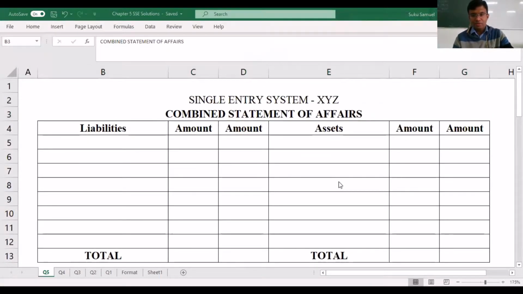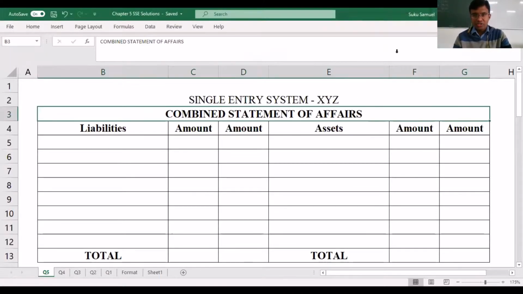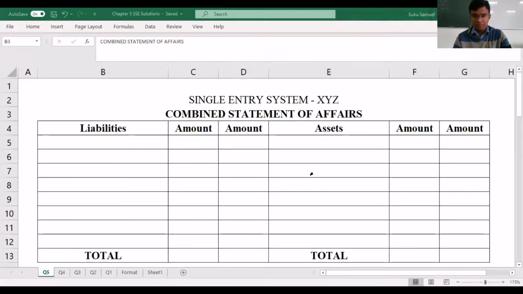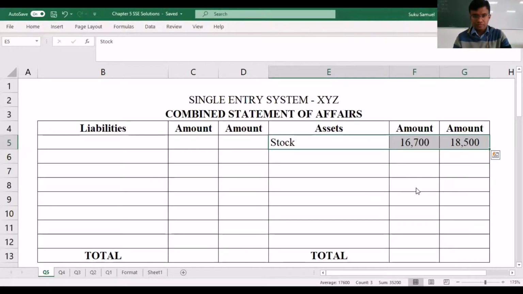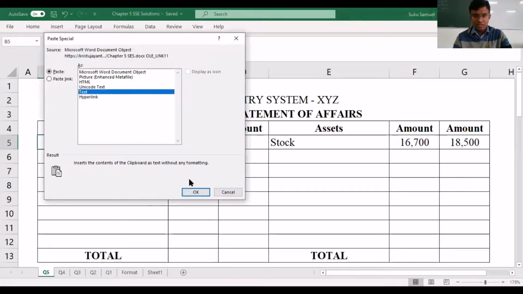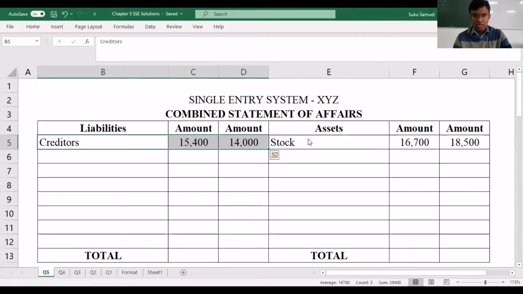Please remember you have to identify which are your assets and which are your liabilities. The assets that we have here are stock. Then you have creditors, and creditors fall on the liability side. So that has gone in.